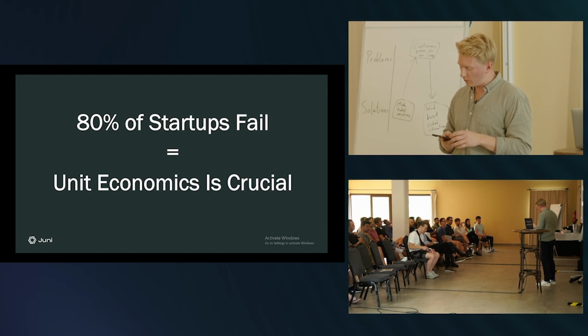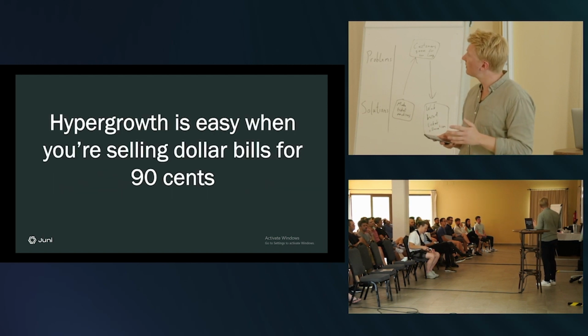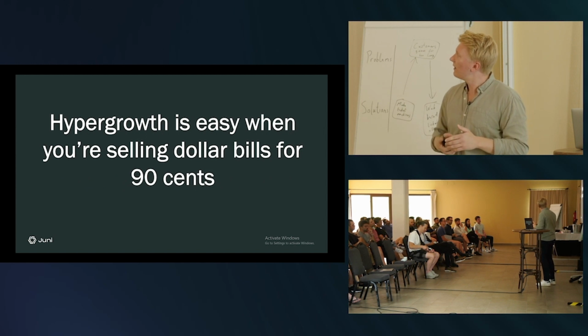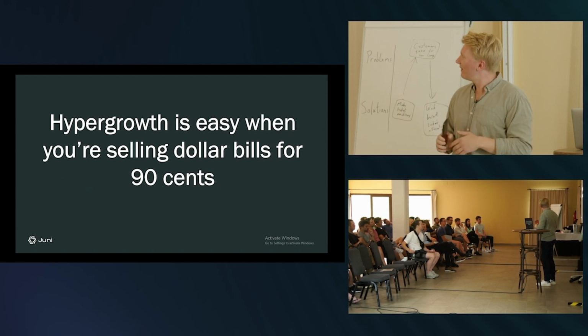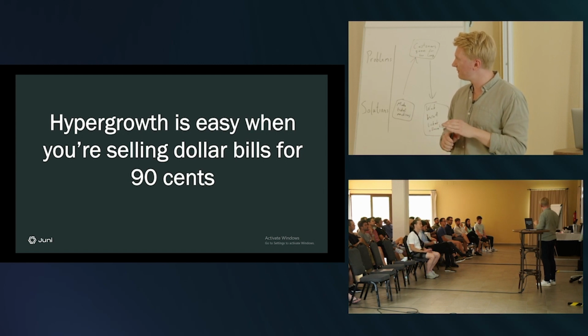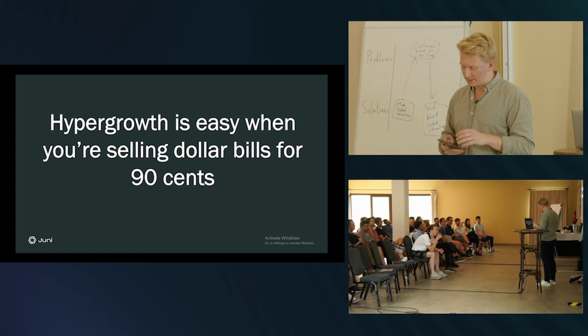So what does that look like at Juni? Well, at first, I want to mention that I met an investor once who told me that hypergrowth is easy when you're selling dollar bills for 90 cents. And that happens when you get unit economics wrong.